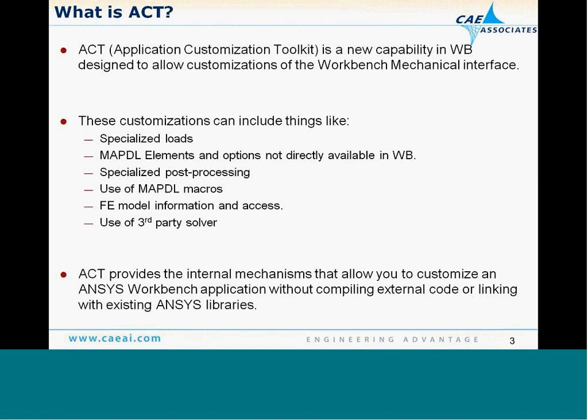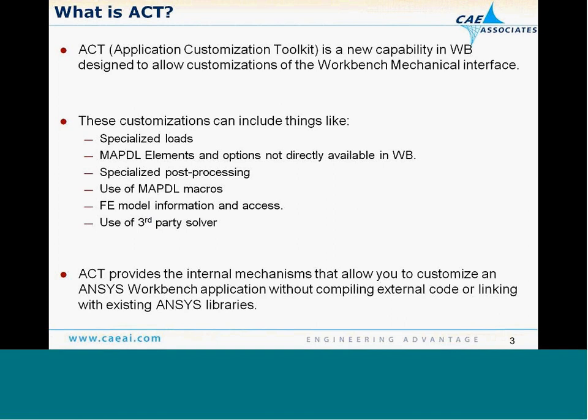In terms of customization, it's really set up for pre- and post-processing, probably the main use. Those pre-processing conditions could be something like your own unique load or boundary condition, something that you want to put into the Mechanical interface that's not already there. So ACT allows you to do things like that.